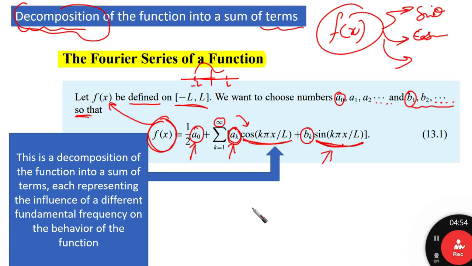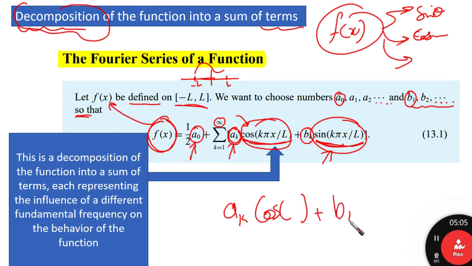So we have the cosine function multiplied by ak, cosine of something, plus bk multiplied by sine of something, and then there is another term, a naught, in the beginning. This is what we are decomposing the original function into.